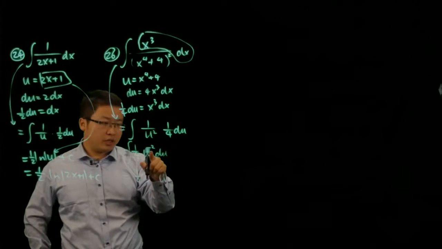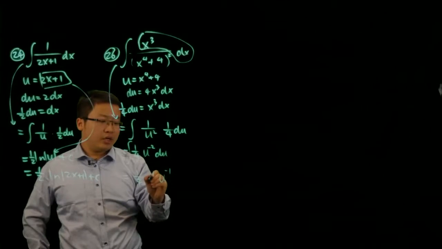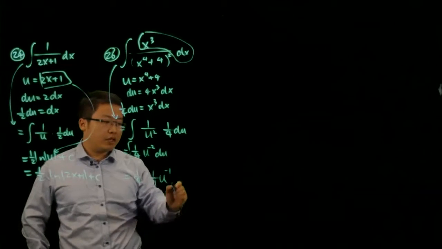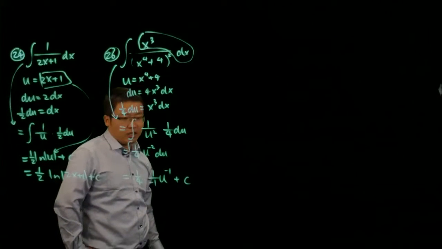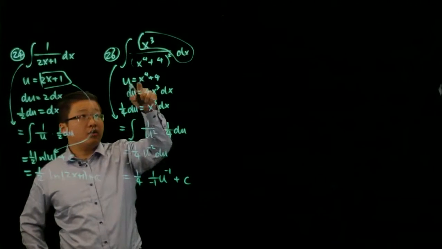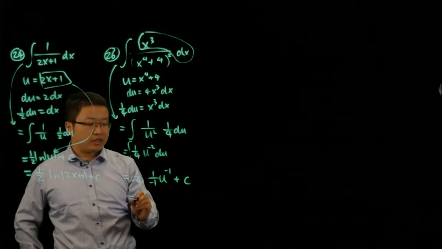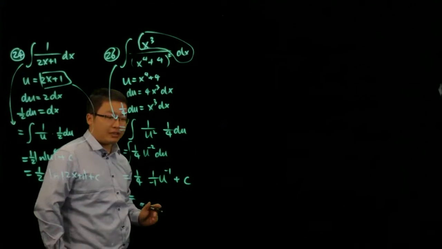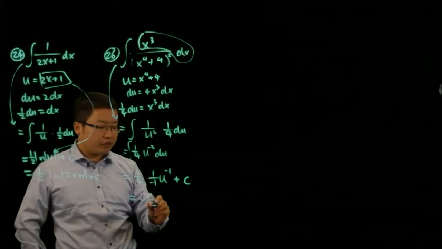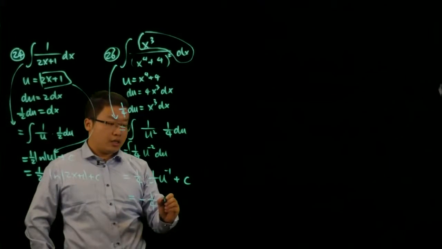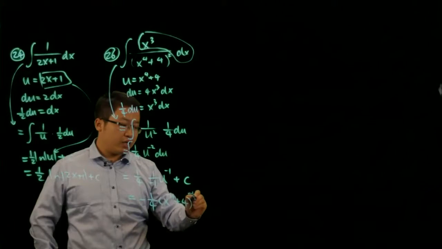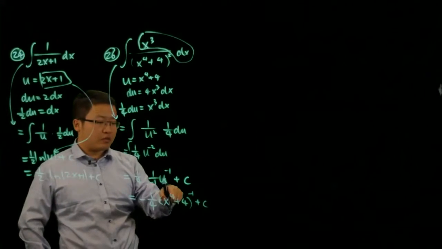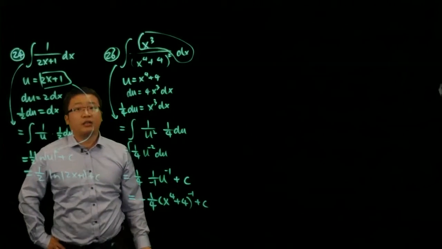Therefore, this becomes increased by 1, -1, making sure I have divided by -1. Then plug in plus c. Then you want to plug back in u, replace it so that your answer is in terms of x, and this is -1 over 4 times x to the fourth plus 4 to the power of -1 plus c. You can also write this as 1 over. You can also leave it like this.